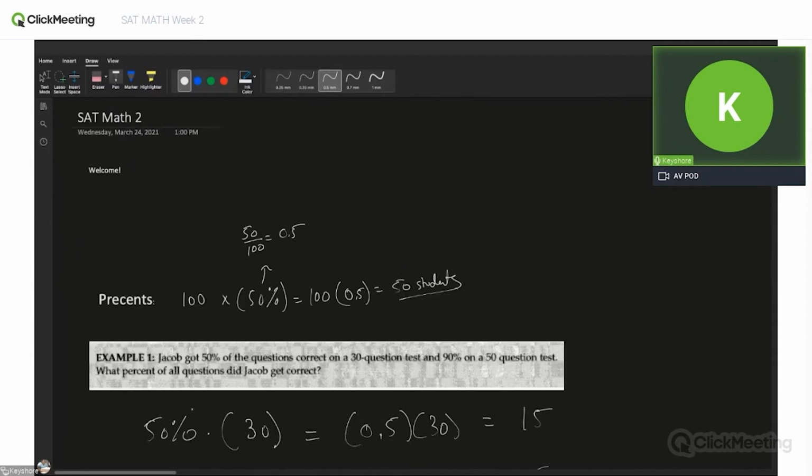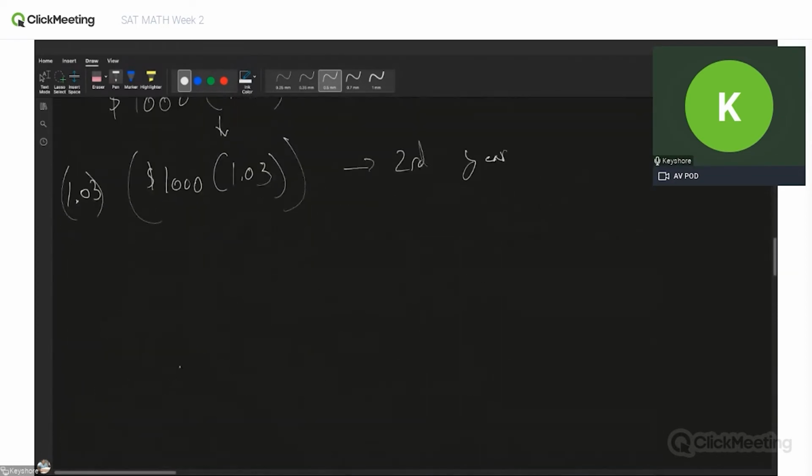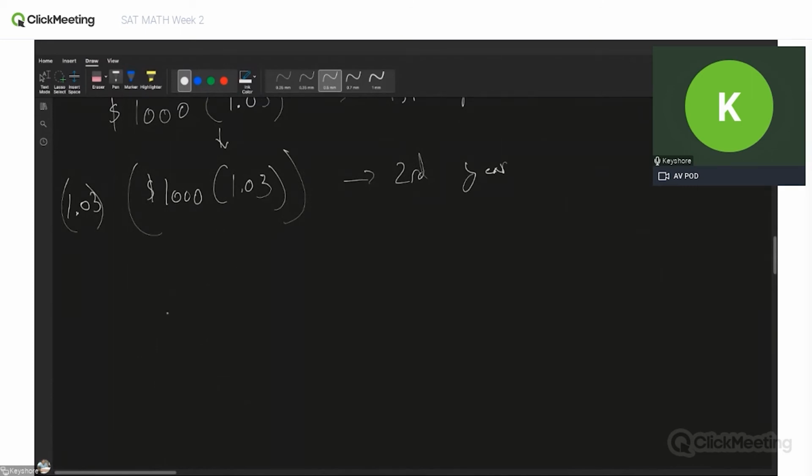In the third year, it's similar to what you think. You take whatever amount was in the second year. So I take 1,000 times 1.03 times 1.03. I just rewrote it, and then I take its interest and add on to it. So it keeps going on.